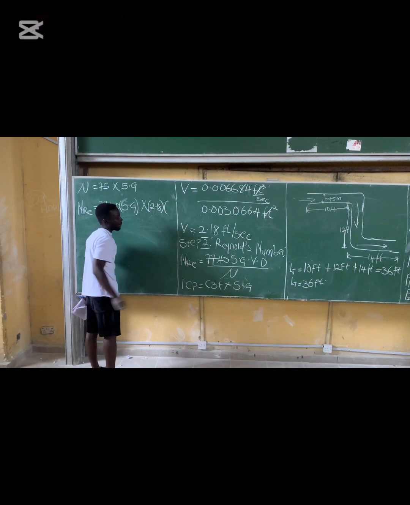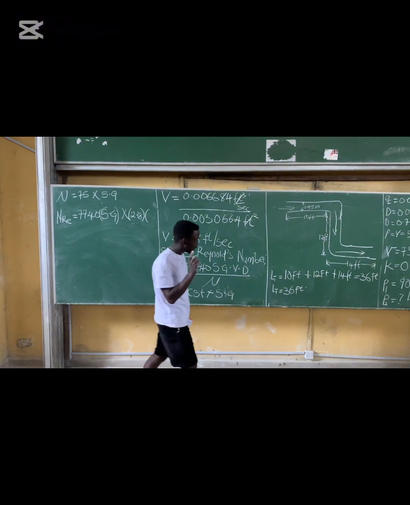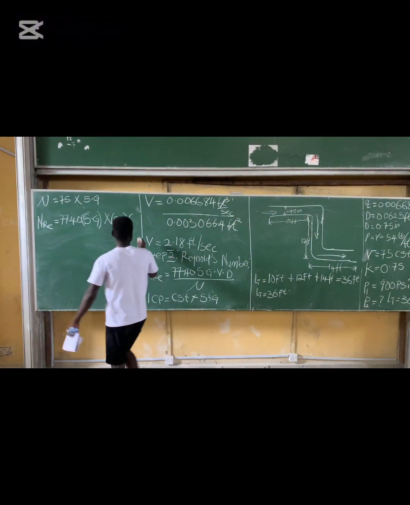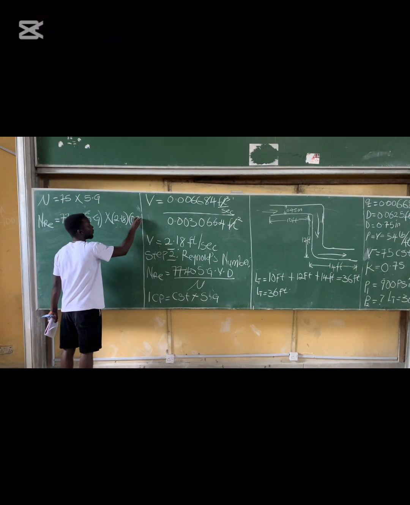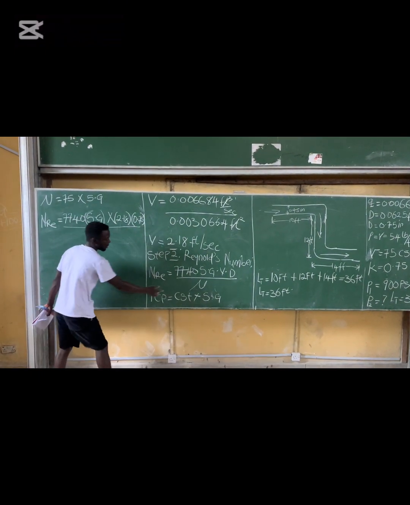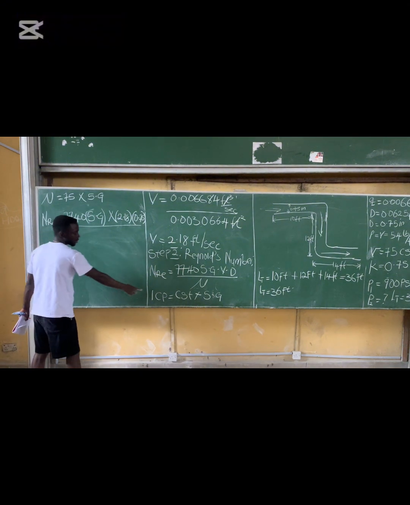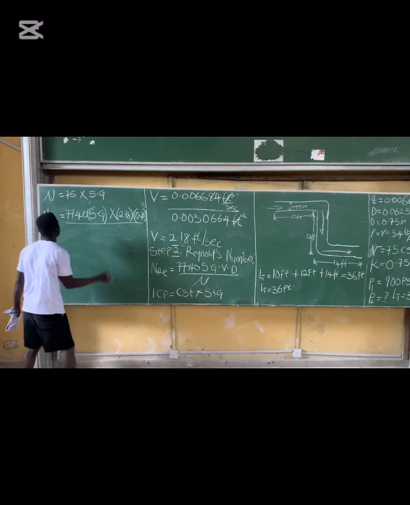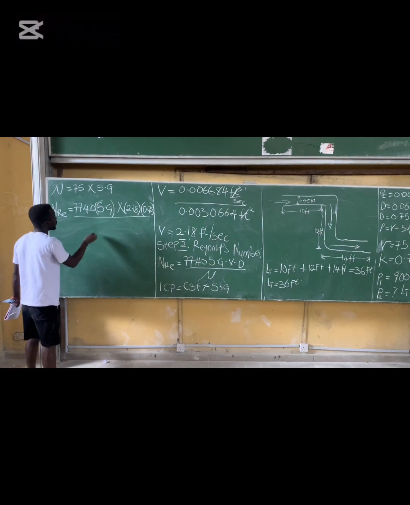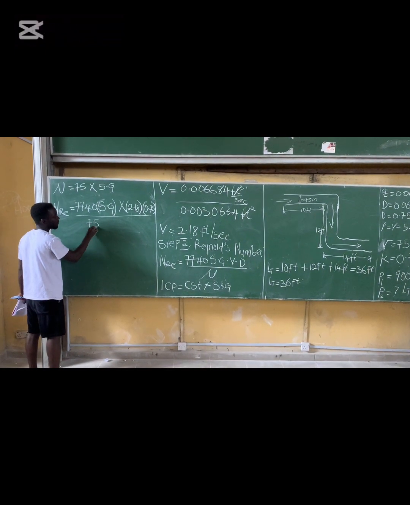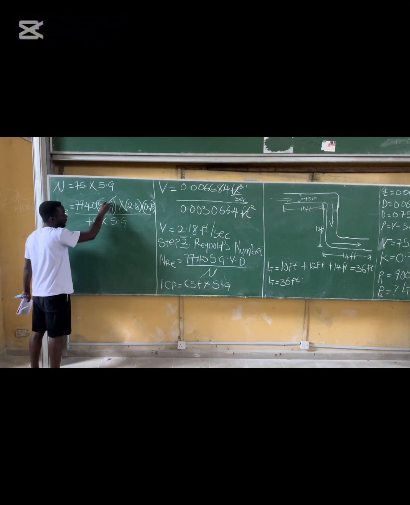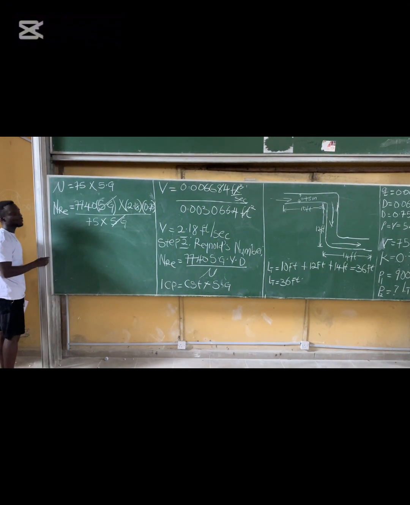Multiplied by diameter in inch, which is 0.75, all divided by our viscosity mu. We said that mu is equal to centistokes times specific gravity, which is 75 times specific gravity. Specific gravity will cancel specific gravity.